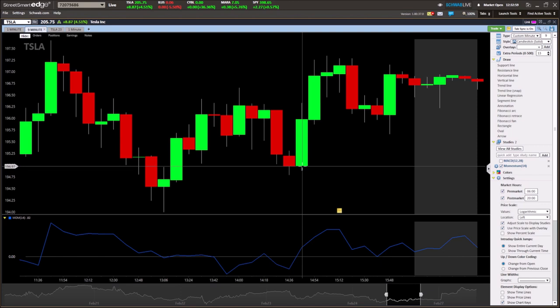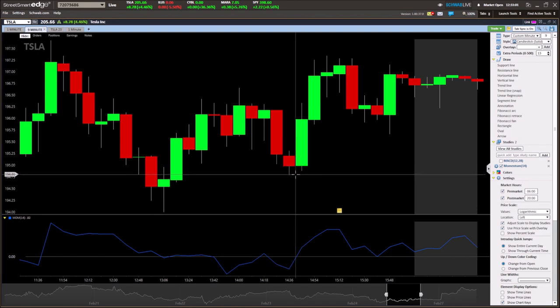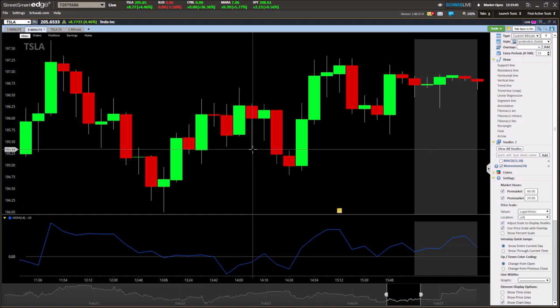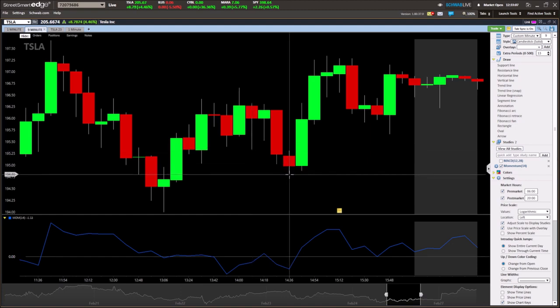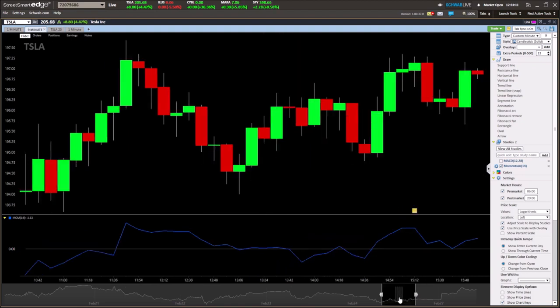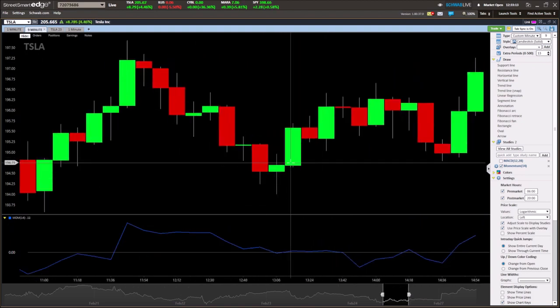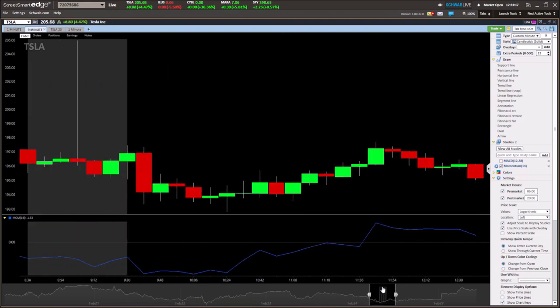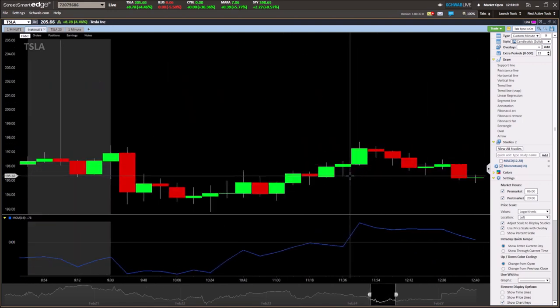I think it would be underneath the previous candle. Let's look at this one. Yeah, underneath the previous candle, at the bottom of the wick, you would not have gotten stopped out. Let's look at the other one right here. If you had set a stop underneath the previous candle, you would not have gotten stopped out. And same thing.